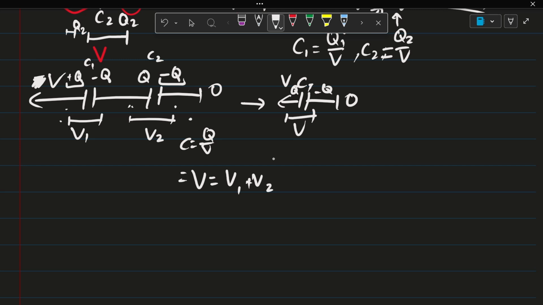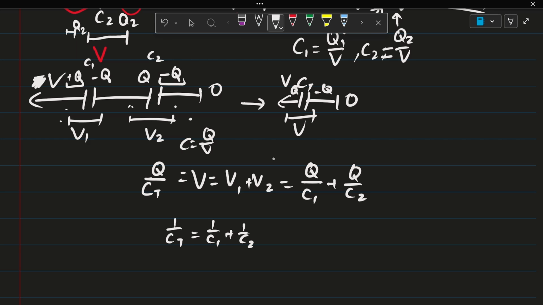So what you would see is that this V here is pretty much just Q over C total. And this V1 plus V2 is Q over C1 plus Q over C2. That means you would get the relation that 1 over C total is 1 over C1 plus 1 over C2.